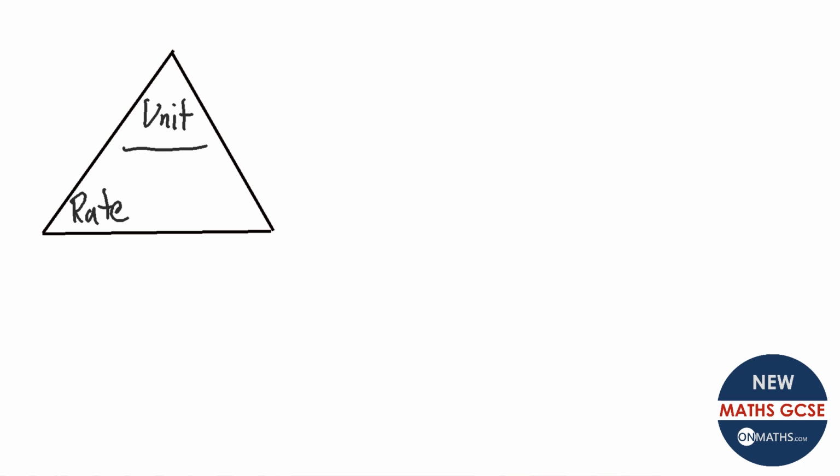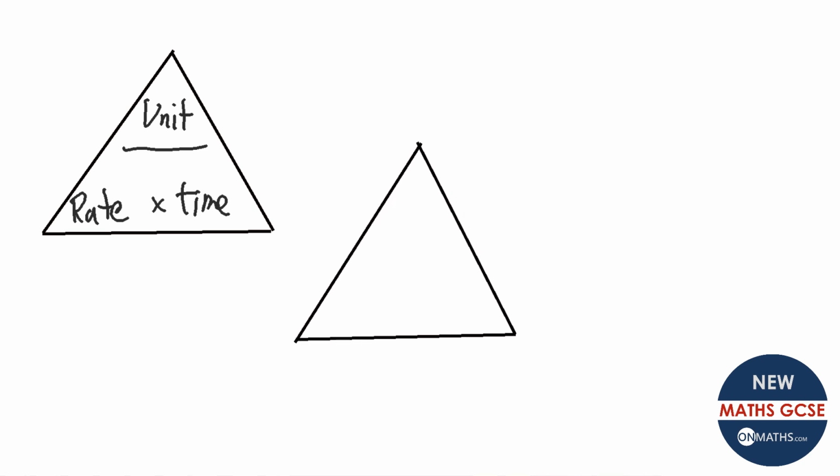The unit given, whether it's a height or a pay or anything, is at the top, and then whenever it's a rate, it's always going to be time at the bottom. There could also be loads of other triangles you might be asked to use. Okay, so the important thing is look at the unit of whatever it's about.